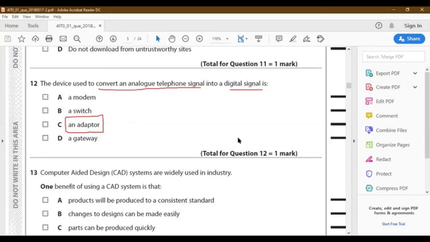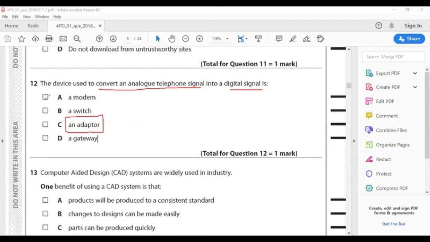Very good. That's the right answer. It's a modem. So what does a modem do? Omar, can you explain? It converts an analog telephone signal into a digital signal. Right, you just read it from the top.